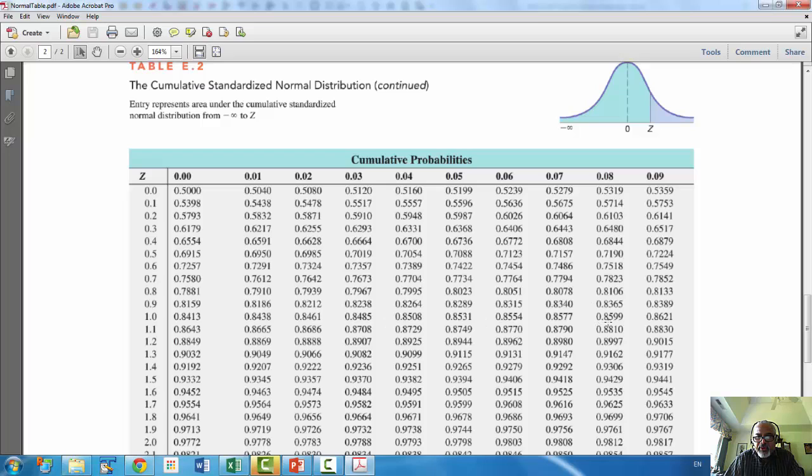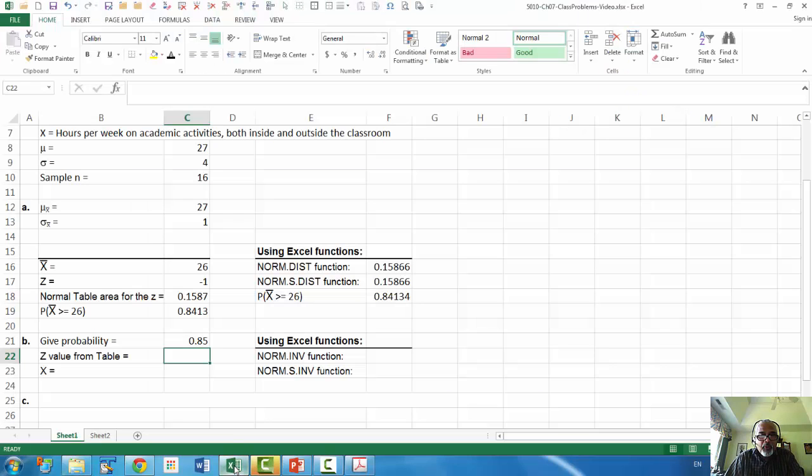85 is here. It's in between 1.03 and 1.04. So we can use 1.035 as a midpoint. Then this is x bar, not x.